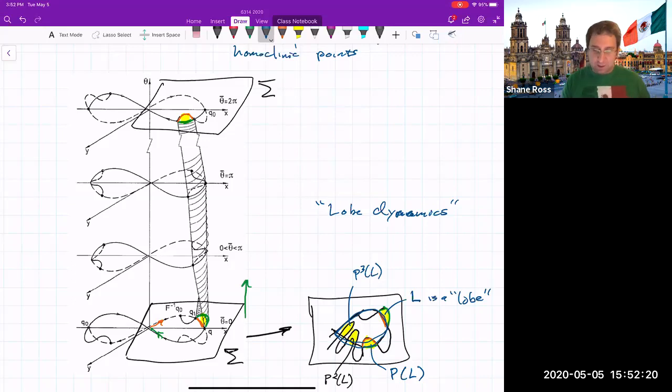But how do we interpret this part right here? So let me do a backward iterate of L, maybe a couple backward iterates. So here's P inverse of L, P^-2, so two pre-images of L. This thing right here is definitely a region that's outside of the well.